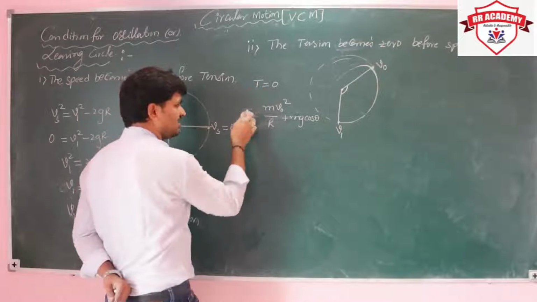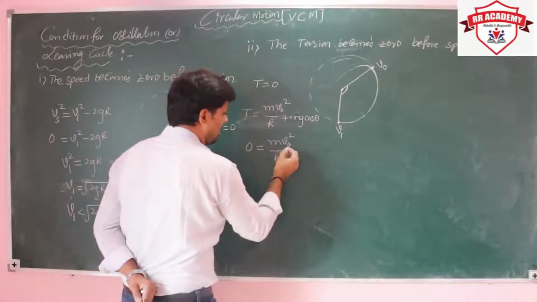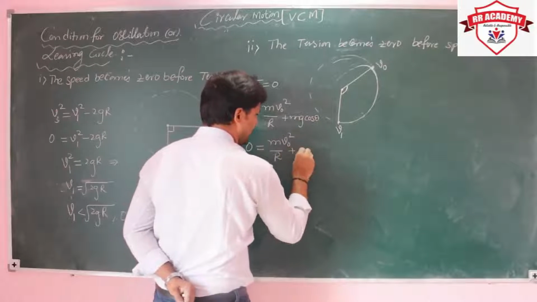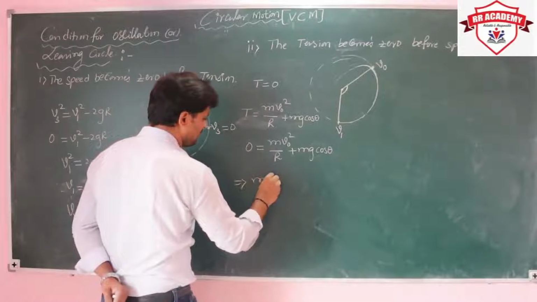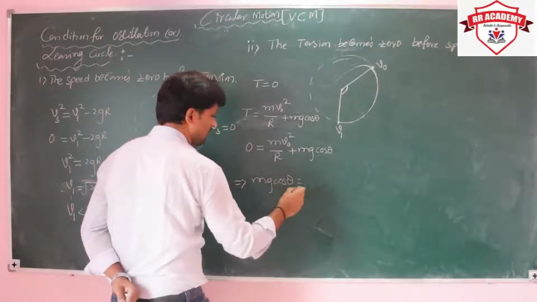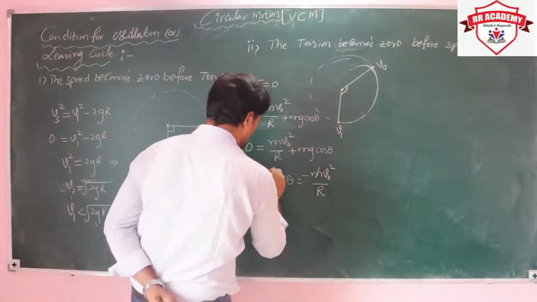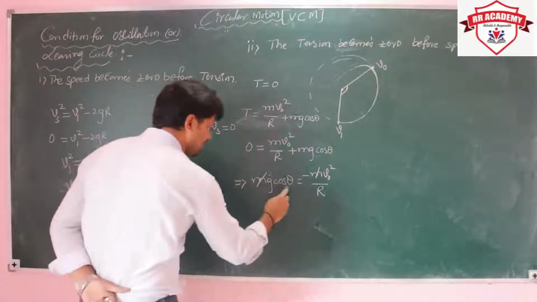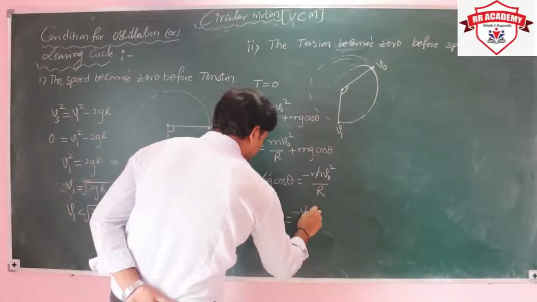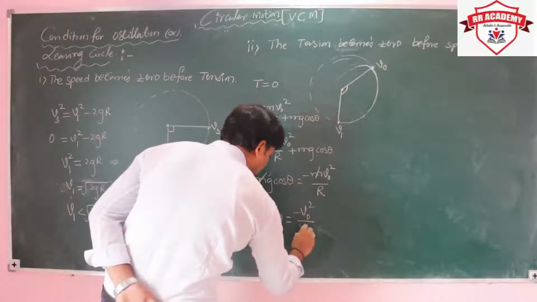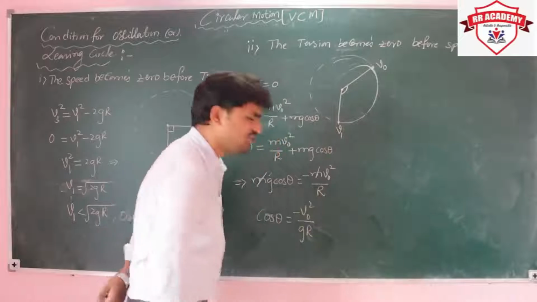But we consider tension is 0, so mg cos theta is equal to minus mv0 square upon r. m will be cancelled, then cos theta is equal to minus v0 square upon gr.